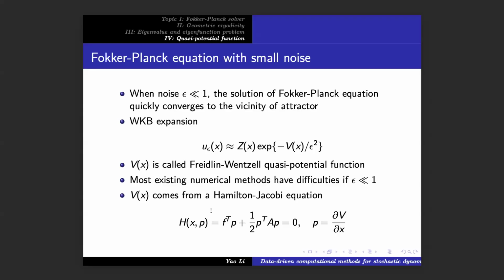Therefore, this v also solves a Hamilton-Jacobi equation. So what is the Hamilton-Jacobi equation? Well, here F is your drift, your vector field, and p is the gradient of v, and this A is coming from the coefficient of noise. It's basically sigma sigma transpose.